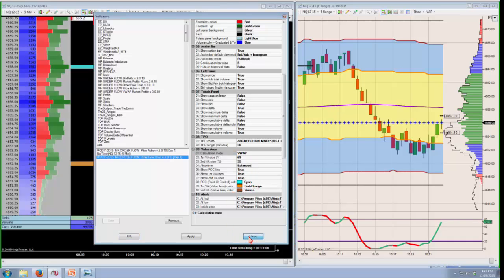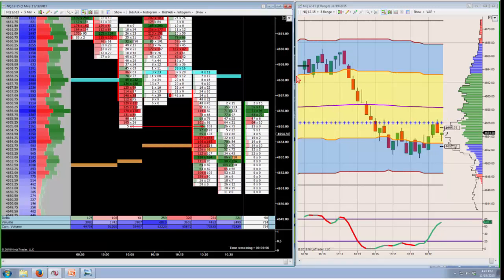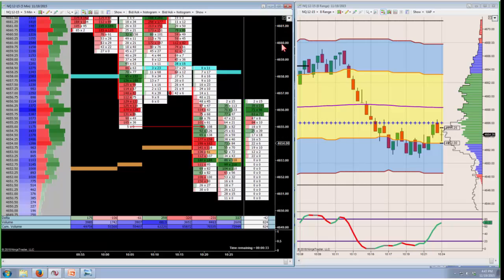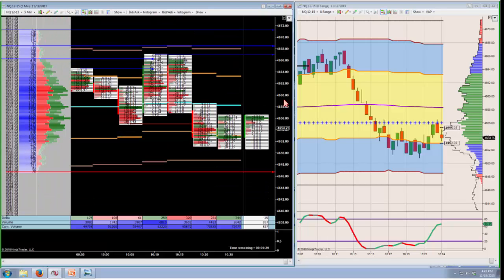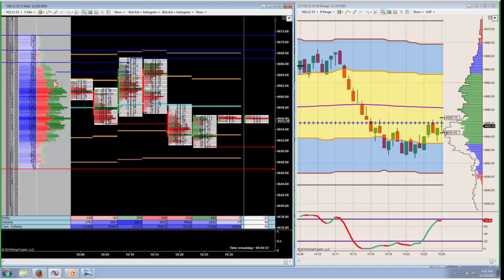And the beauty of it is that you can make it so you have the most comfort and ease with it. If I scrunch this up, you can see over here our volume. And this type of distribution day is really just telling us that, hey, there's a whole bunch of congestion and you're going to get stuck in most of these areas when price is trading back and forth.